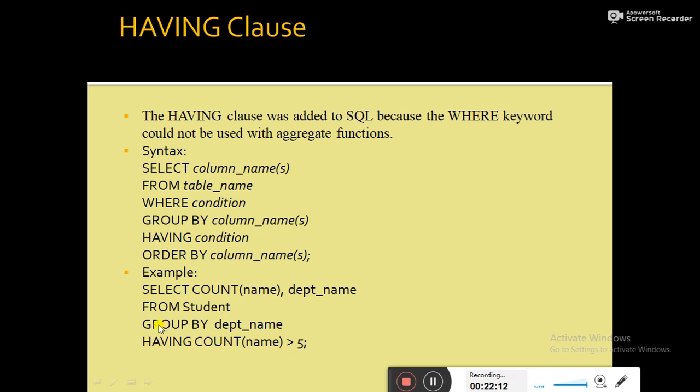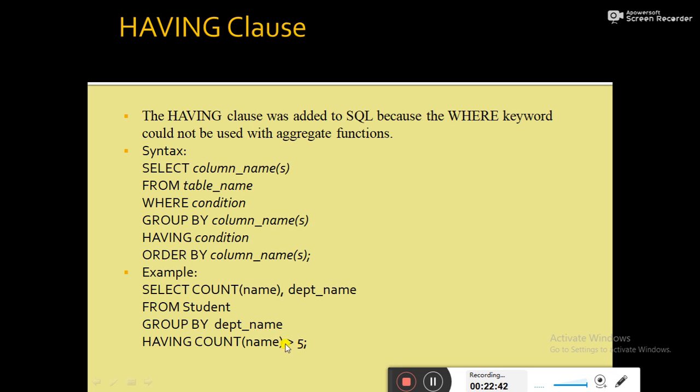So in the group by clause, if we want to impose some filtering or some condition, then we have to use the having clause. That means these 2 lines mean first it will form a group based on department name. After forming the groups, it will filter out some groups based on that particular condition. It will only retain those groups where the number of students is greater than 5.